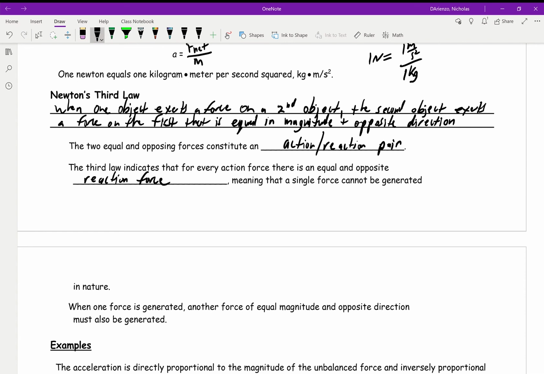Now, a good example of this is when a bat is hitting a baseball. And I'm going to try and draw this here.